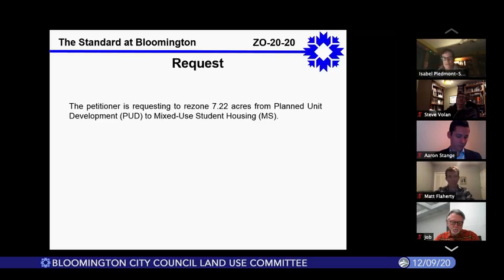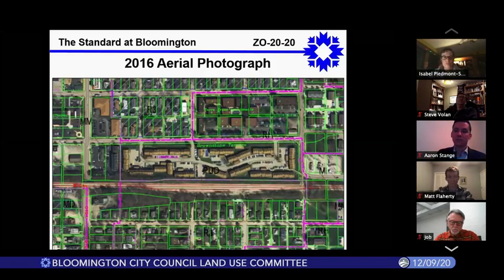So to the north of this are a mix of uses. You've got a single-family neighborhood as well as the Terra Trace apartments to the north. To the east of this, you have a Duke substation, as well as some other multifamily residences. To the south of this, you have a railroad line, and then a mix of single and multifamily residences on the other side of the railroad in the old northeast neighborhood. And then to the west of this, you have a mix of commercial and mixed-use land uses.